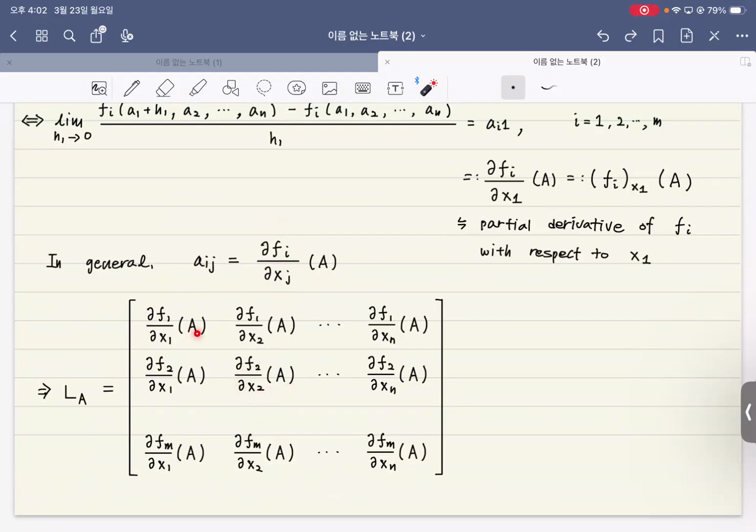So in order to find all these numbers, you have to do n times n many such computations. But the point is, they are not a big deal. They're just tedious computation. Once you can do that, then you can find this.